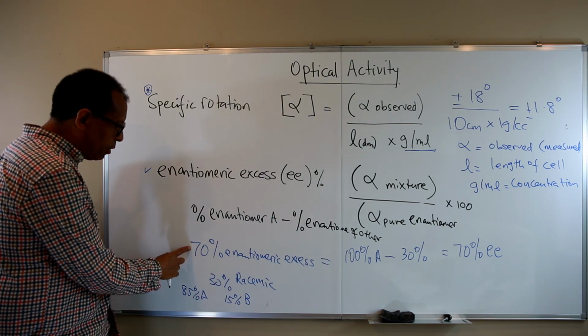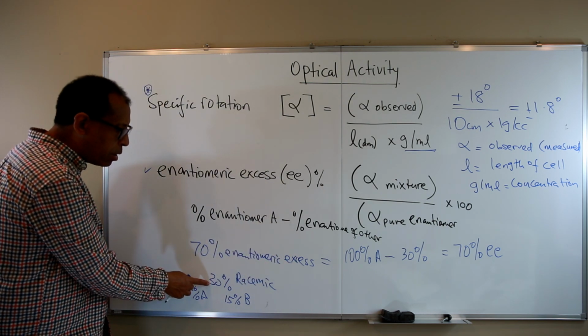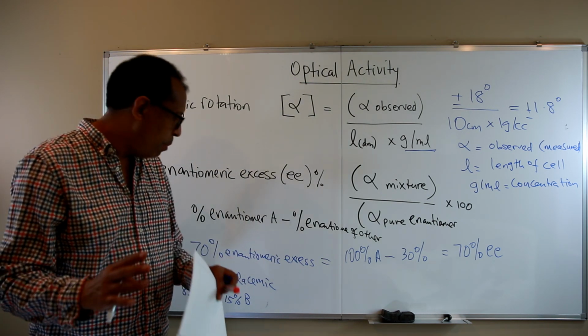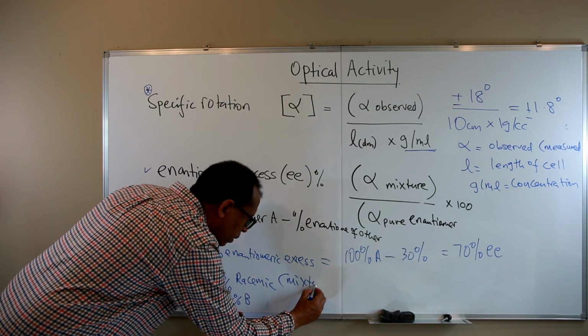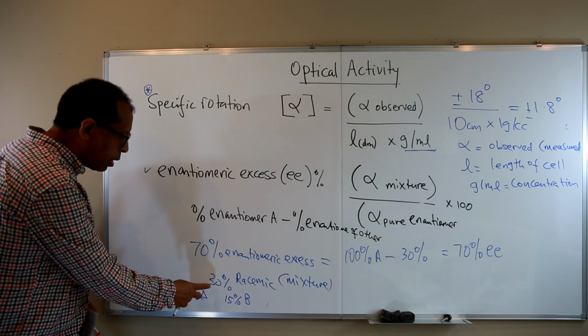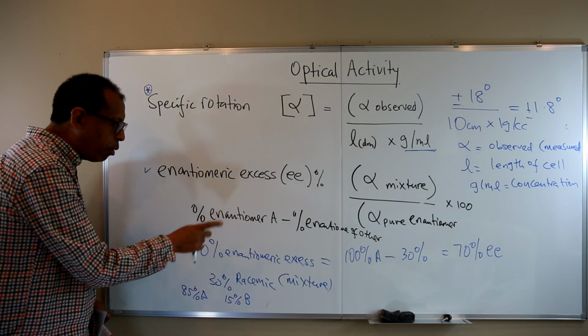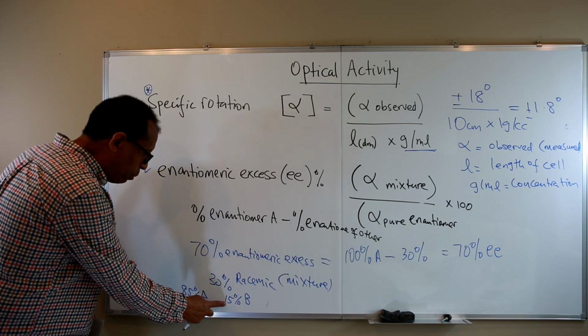If 70% is the enantiomeric excess, the rest is a mixture, and that mixture is composed of 15% A and 15% B.